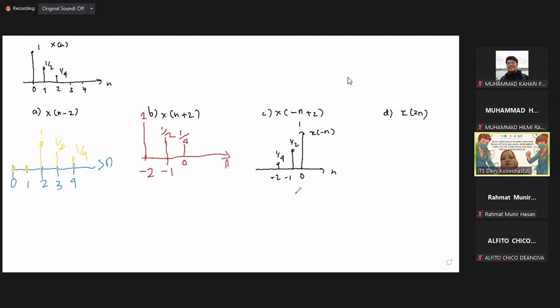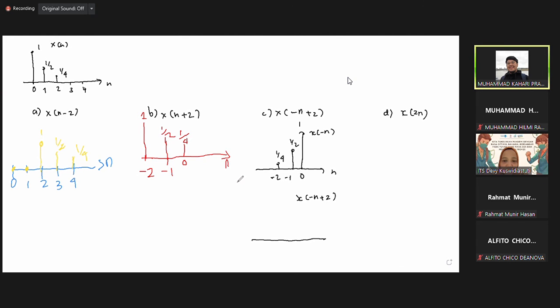And what would x[minus n plus 2] be? That would be shifted to the left, right?